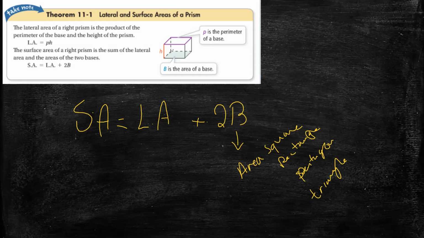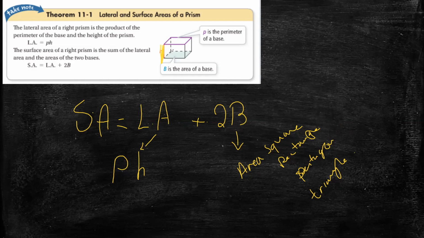This is how to find the area of the base. The lateral area is the perimeter times the height. We said yesterday that the height is a segment that is perpendicular to the bases, connecting the two parallel bases. The height is the length of this altitude.